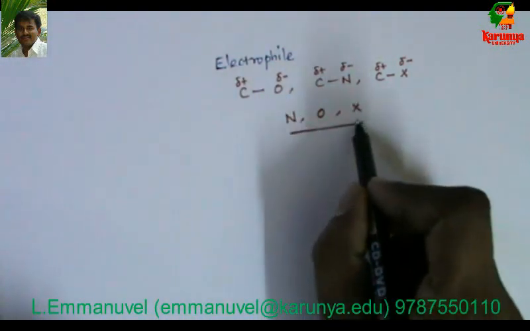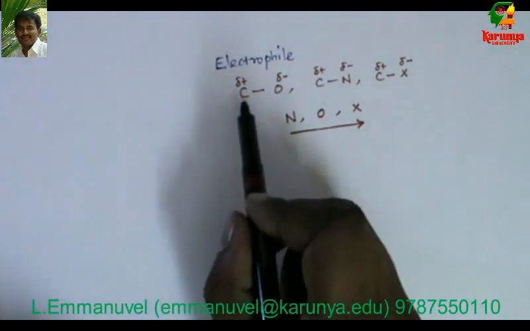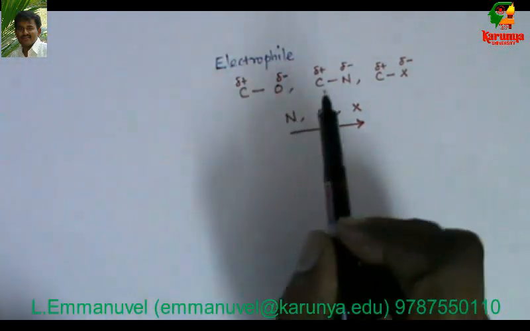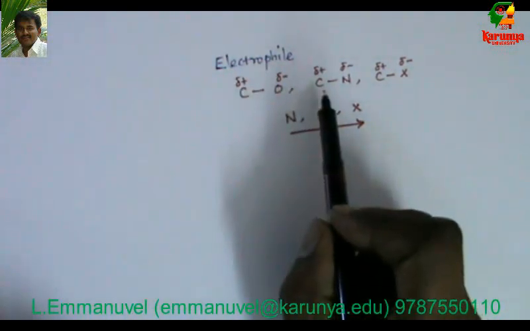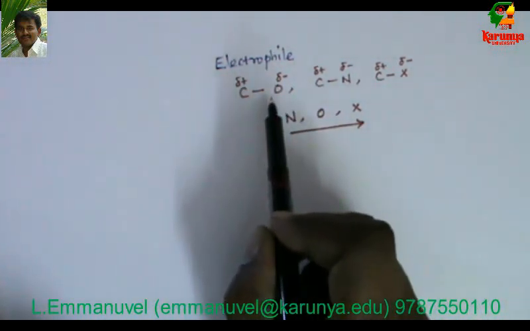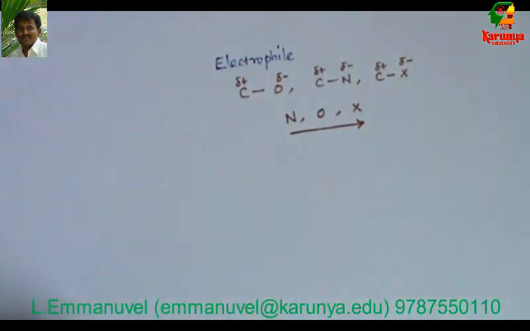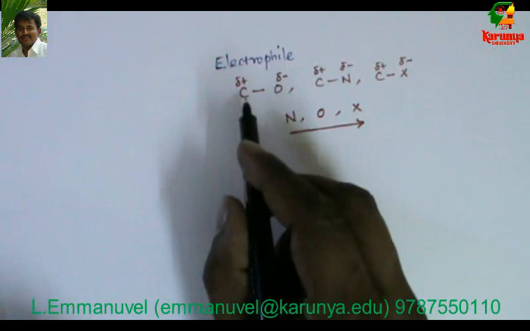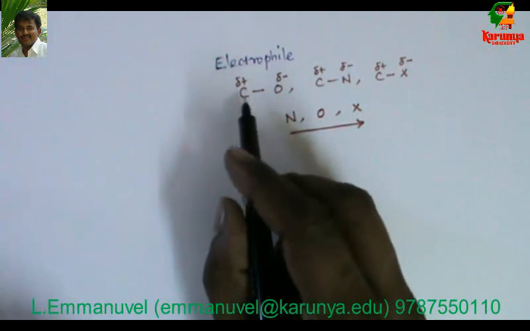So the del plus on carbon also increases. So the del plus on nitrogen is less compared to oxygen, which is less than this. Even though there is del plus, it is not sufficient enough to be attacked by nucleophile.